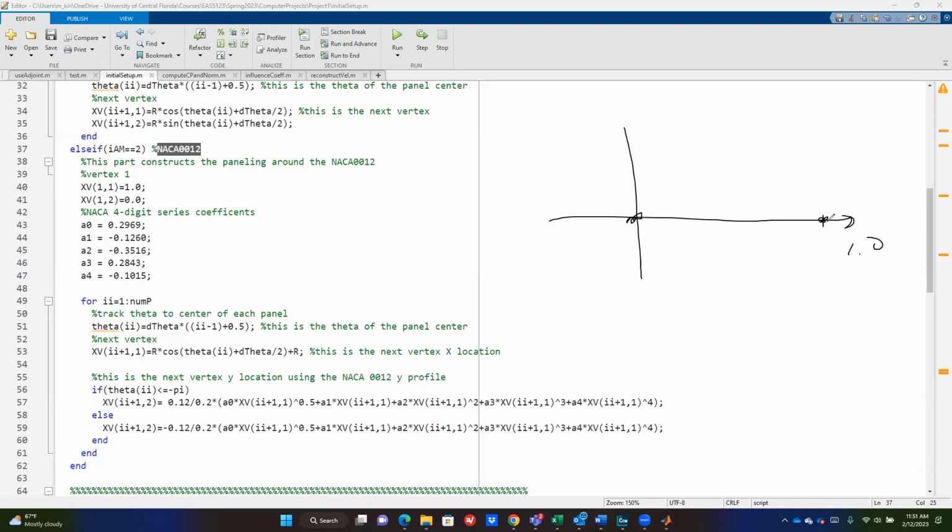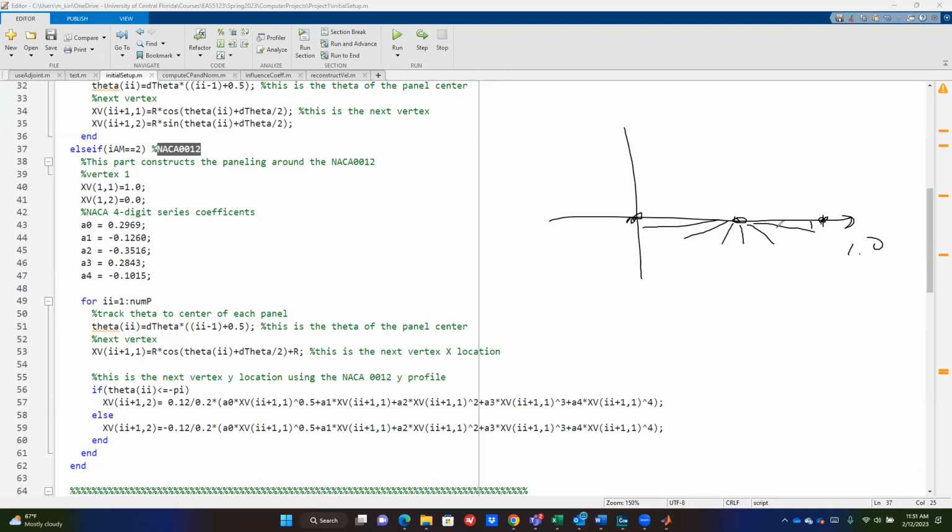I don't know how clear this is, but it's basically defining the circle here, and defining thetas here.